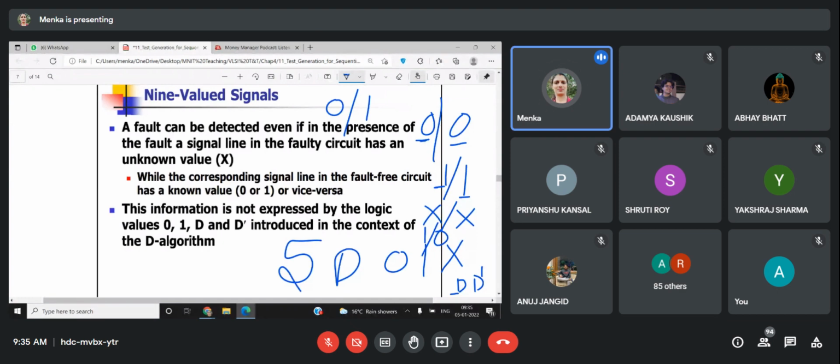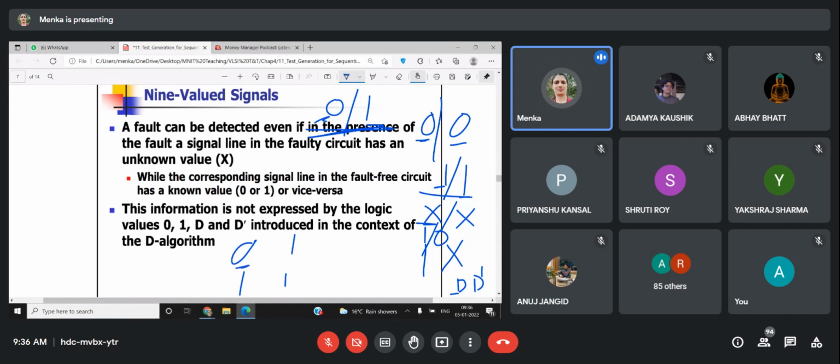So what did we have to do in the 5 value algorithm, the D algorithm? Whenever you have logical AND, NAND and so on, you AND the true value with the true value, and the faulty value with the faulty value, right? And you will get your results. For example, let us assume this is the case. Let's say you are making this AND. So 0 ANDed with 1 and 1 ANDed with 1. What will you have?